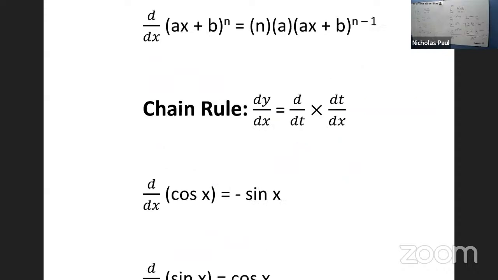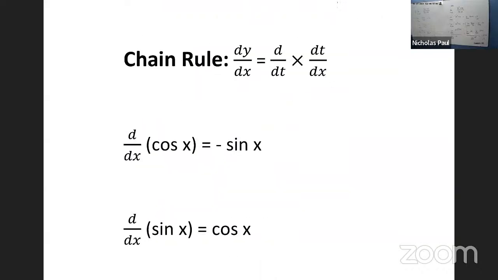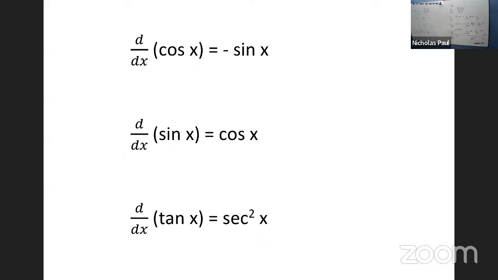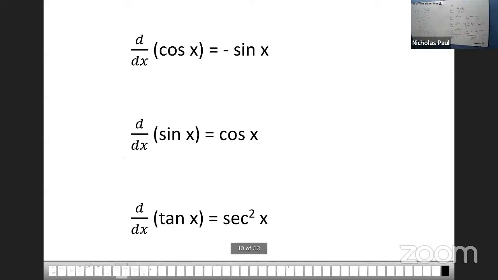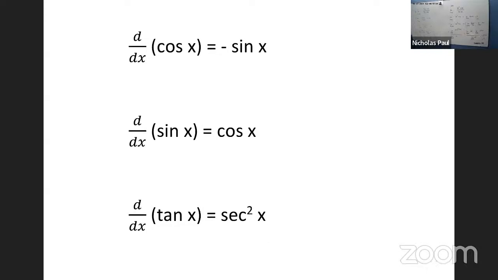What's the differential of cos? Minus sine. What's the differential of sine? Cos. What's the differential of tan? That's one of the new things in Unit 1. In C-set, we didn't do that. The differential of tan is sec squared, so make a note of that.